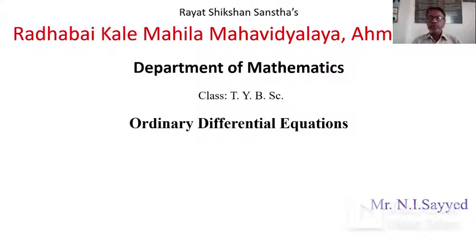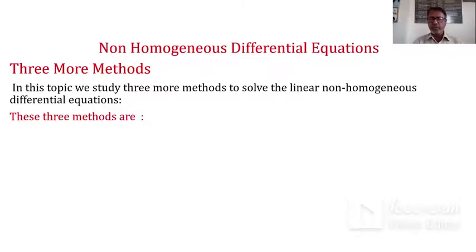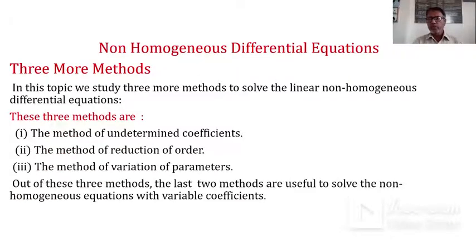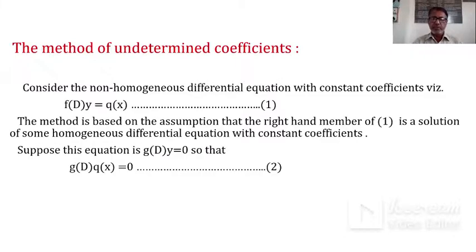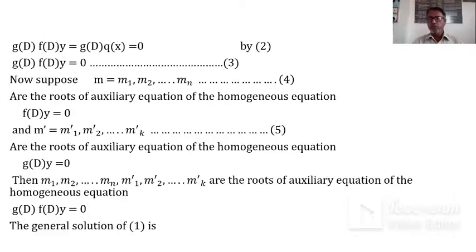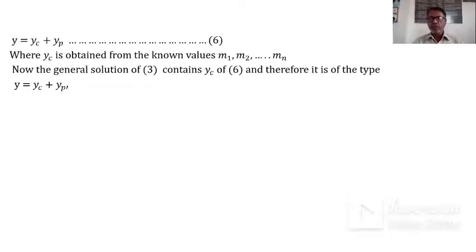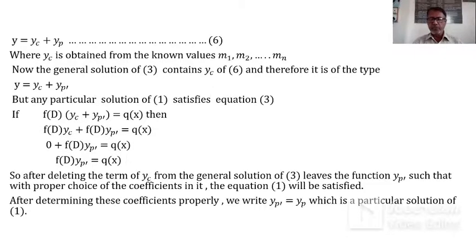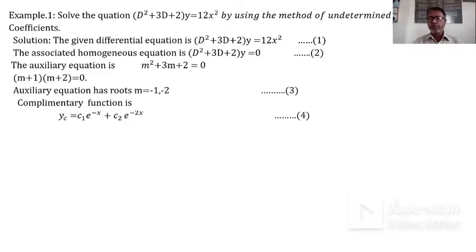is the solution of some homogeneous linear differential equation with constant coefficient. And then with the help of this, we convert this non-homogeneous linear differential equation into the homogeneous linear differential equation, and then we obtain the solution of this given non-homogeneous linear differential equation by the method of undetermined coefficient.